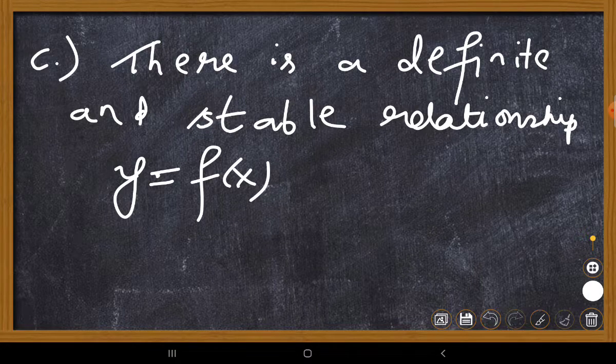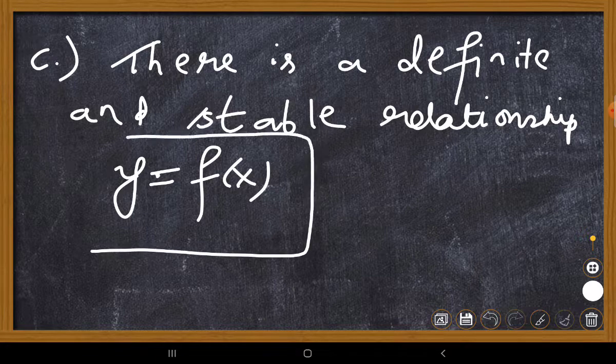That means this y should have a properly well-defined relationship equal to f(x). It cannot have any sort of other relation with x. It should only be defined by the function f. So those are the assumptions of interpolation.